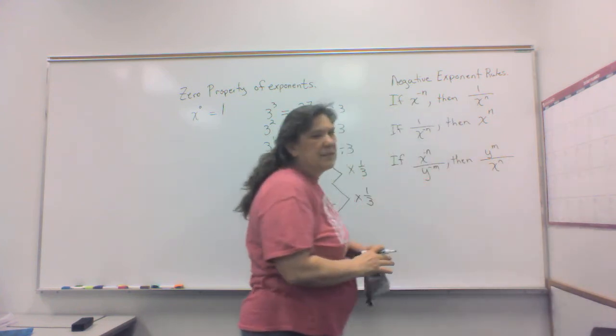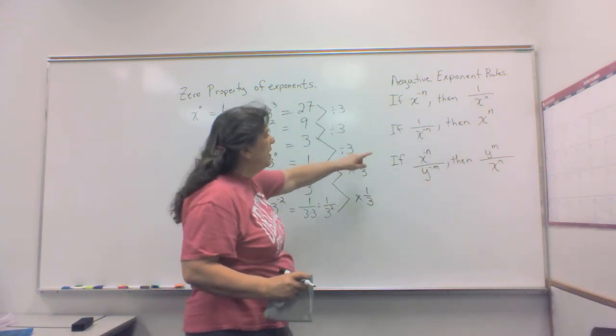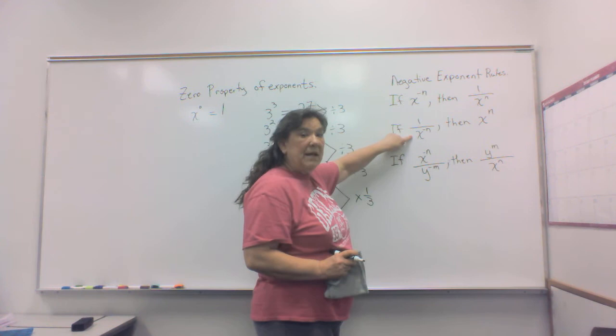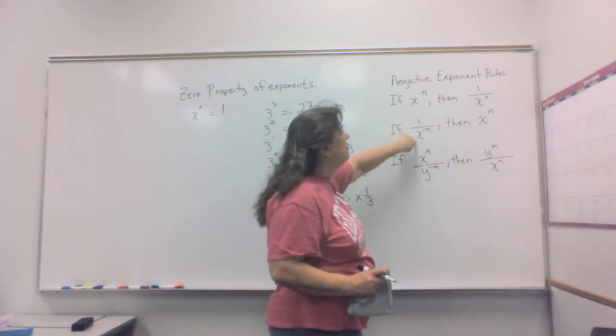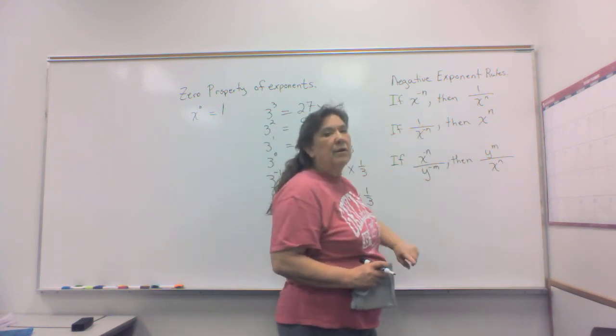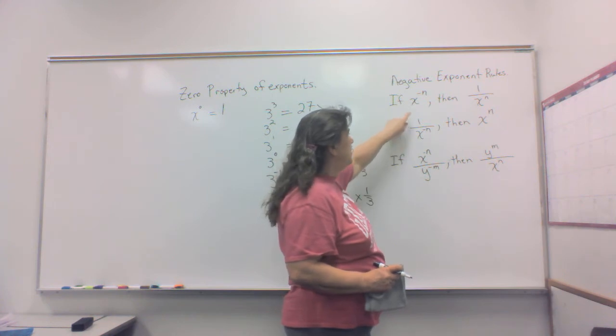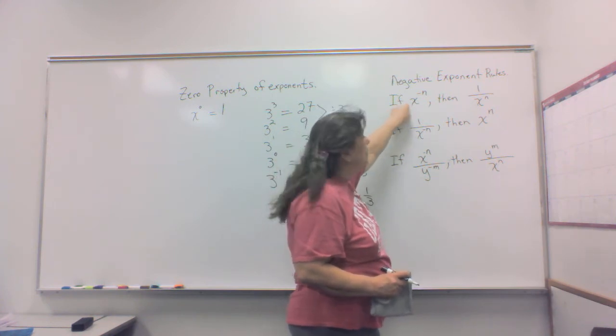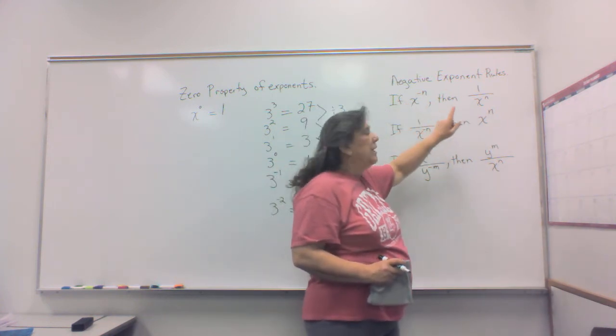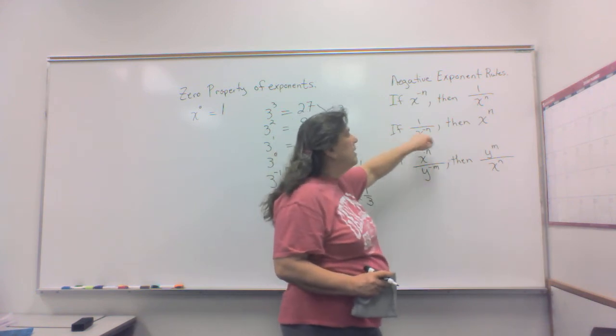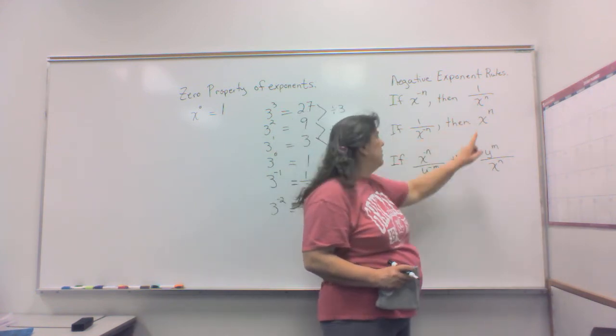So notice, when you have a negative exponent, to make it a positive exponent, you flip it over the fraction bar or the division. If it was in the numerator, you flip it to the denominator. If it's in the denominator, it becomes part of the numerator.